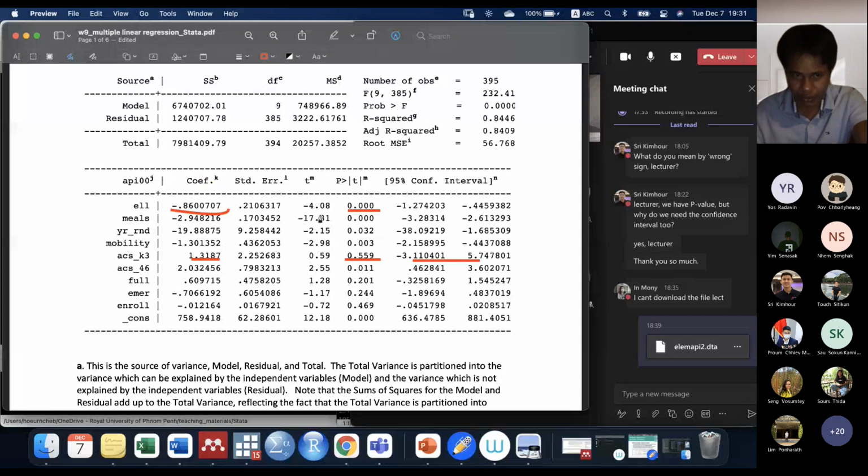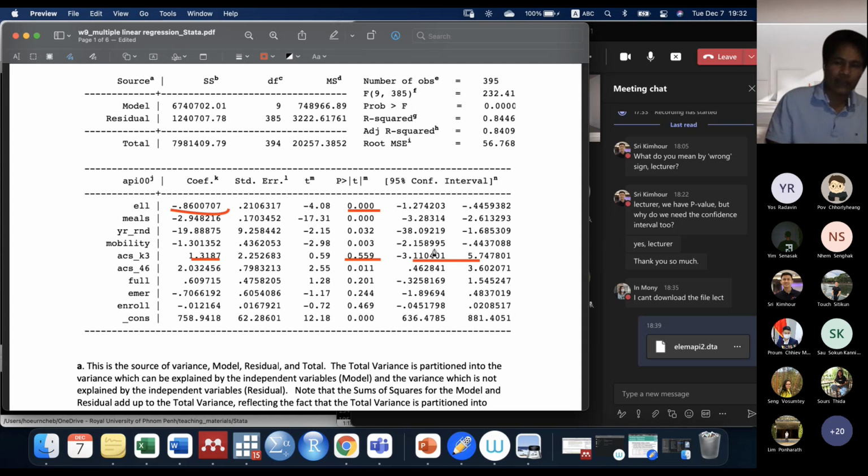So remember, when it comes to interpretation, you start from the p-value, then you go through the coefficient. All right. And the confidence interval can be used for checking, but normally in a report or when presenting the result, you will not mention the confidence interval. Only a small number of papers mention confidence intervals.